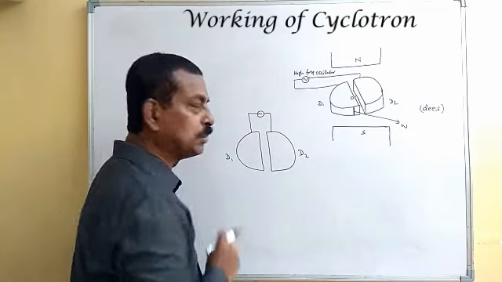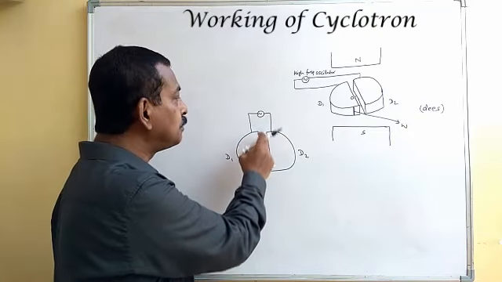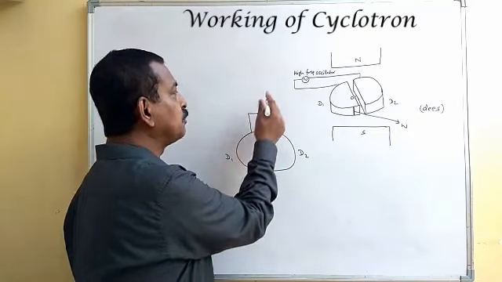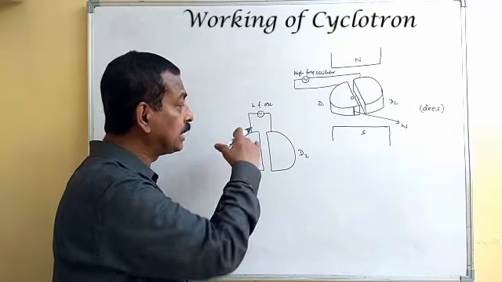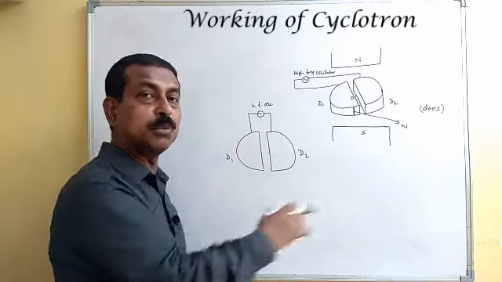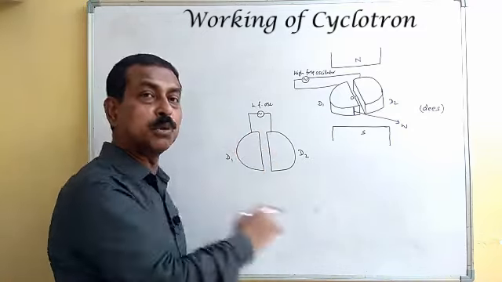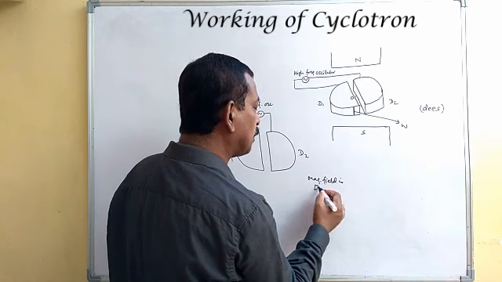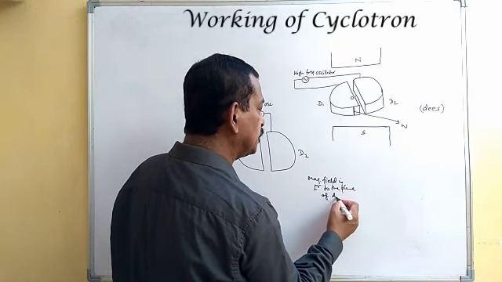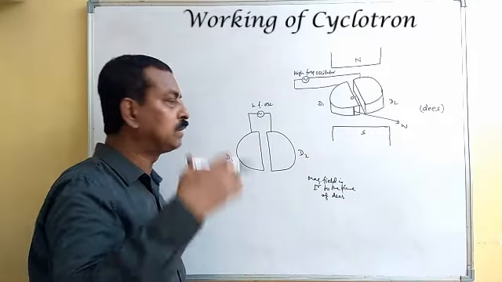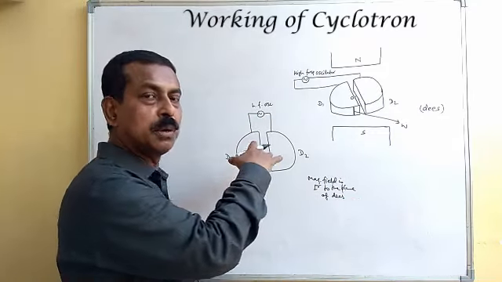There is a little gap between the two, and due to this high frequency oscillator, an electric field will be produced in the gap between the two. The magnetic field is perpendicular to the plane of the Ds. That means in this case it is perpendicular to the plane of the board.